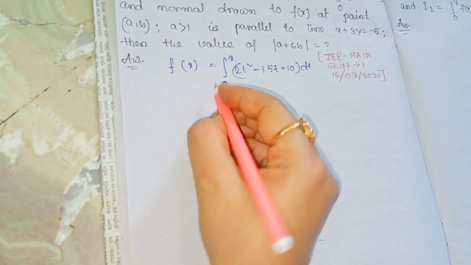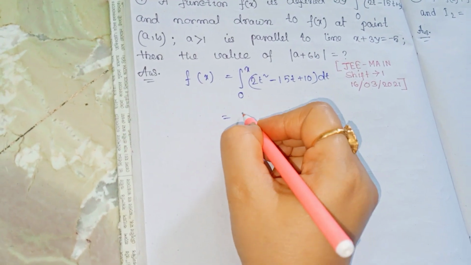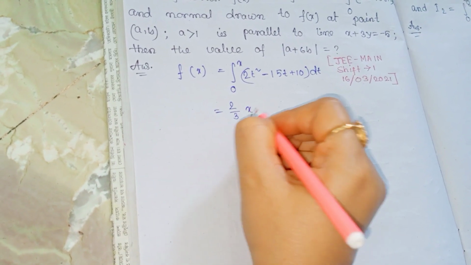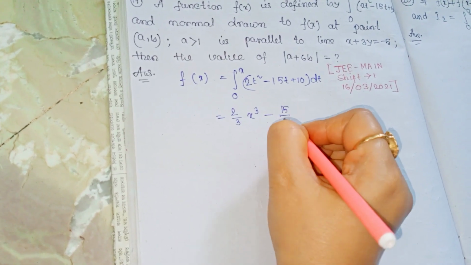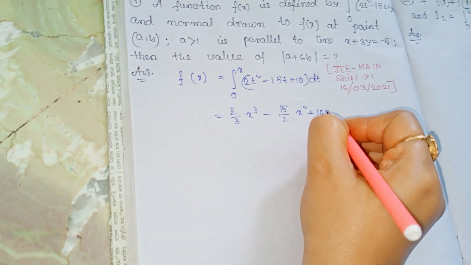Now calculate this one. After integrating we get f(x) = (2/3)x³ − (15/2)x² + 10x.